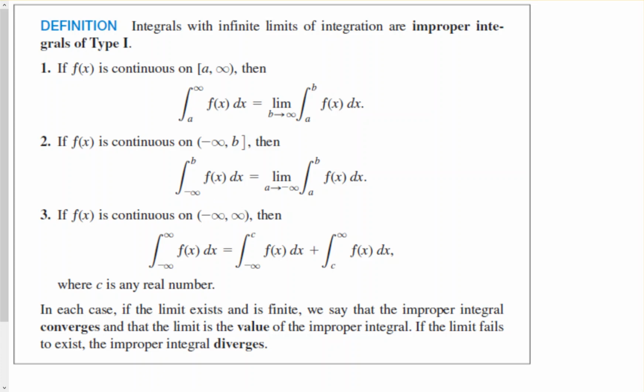In each case, if the limit exists and is finite, we say that the improper integral converges and that the limit is the value of the improper integral. If the limit fails to exist, we say that the improper integral diverges.